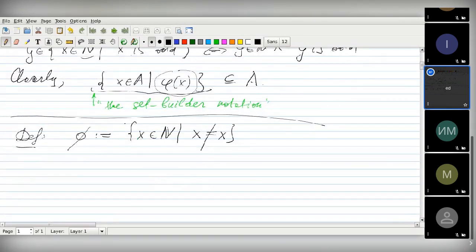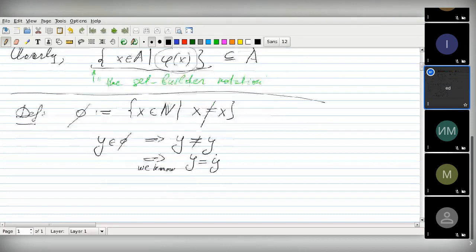Formally, if y is an element of this set, then y does not equal itself. But we have previously proved that every set equals itself.